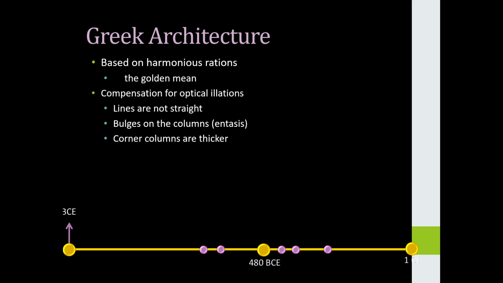However, if you make it slightly thicker, then you'll even be able to see the very last column. So they were really altering reality so that when you looked at these objects, they look like the real thing and not the optical illusion that we see.